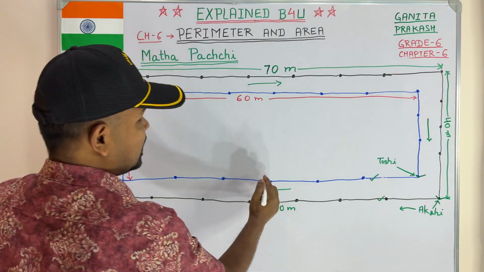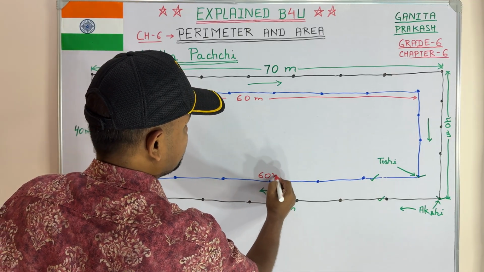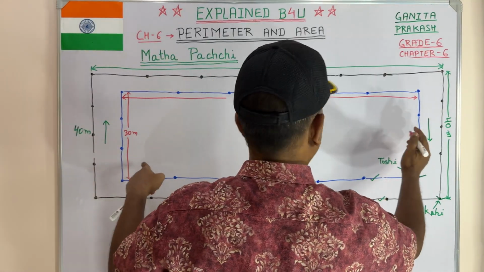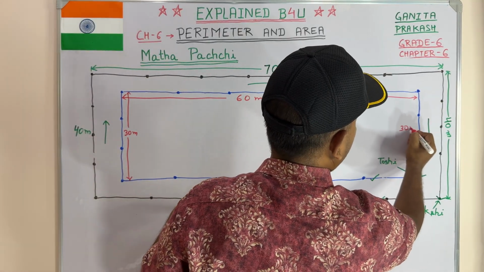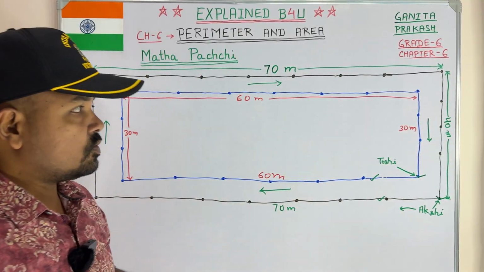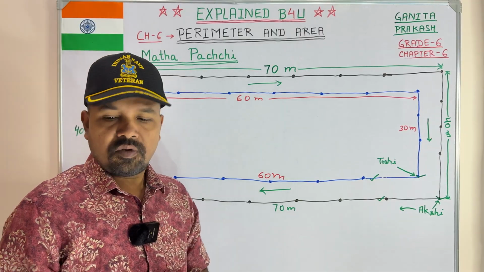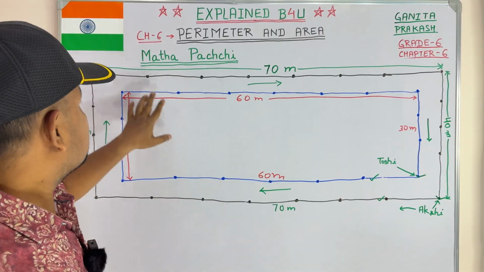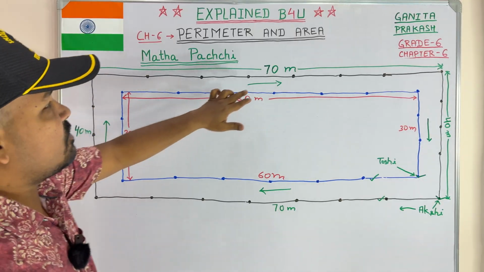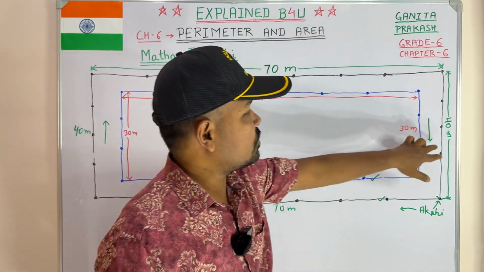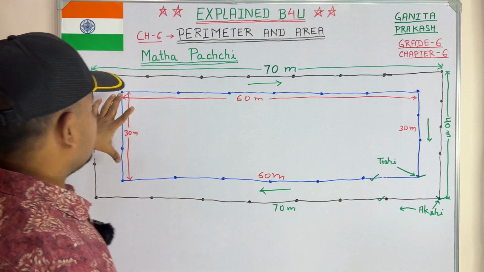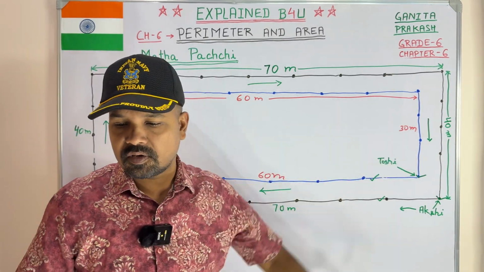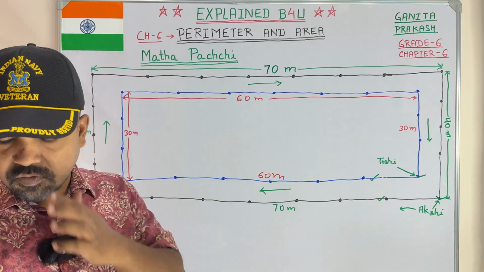So this inside length will also be 60 meter because opposite sides are equal. And this breadth will also be 30 meter. Okay. So now you come to know, according to the question, we have two rectangles. The outer rectangle has 70-meter length, 40-meter breadth, and the inner rectangle has 60-meter length and 30-meter breadth. Okay.